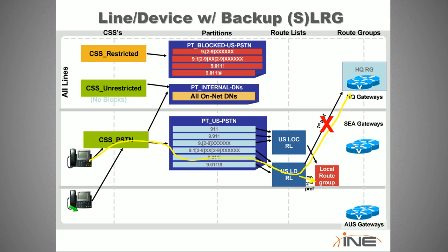So the pattern will be 2XXX in a partition for Seattle gateways calling, or ANI, only visible by the Seattle gateways ANI CSS, and then we will only ever match people that leave Seattle but come from Austin, and will manipulate their calling party number in a very specific way.